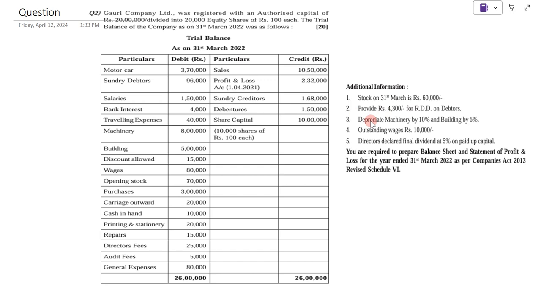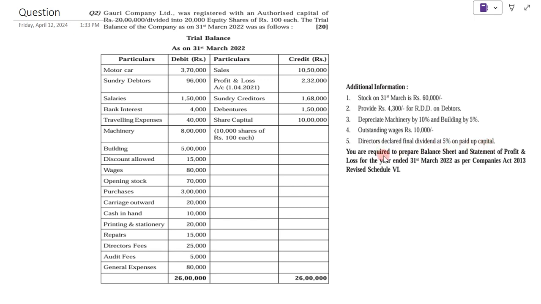Third is provide depreciation on machinery 10%, buildings 5%. Fourth, outstanding wages rupees 10,000. Then last is provide directors declared final dividend at 5% on paid up capital.